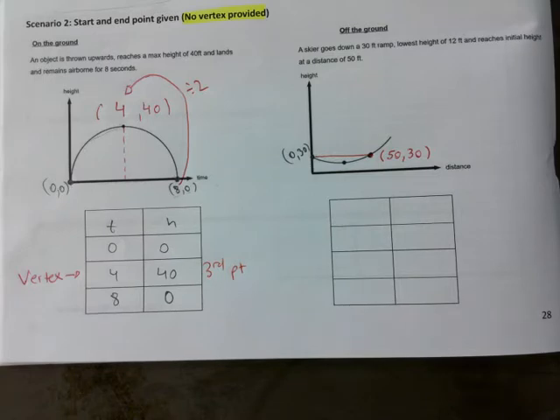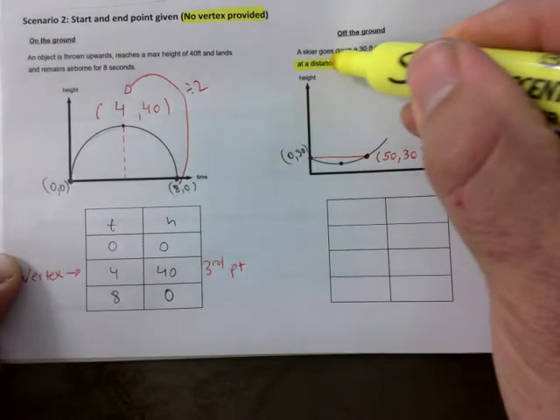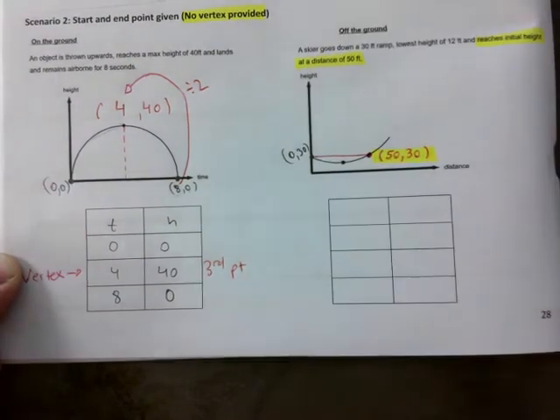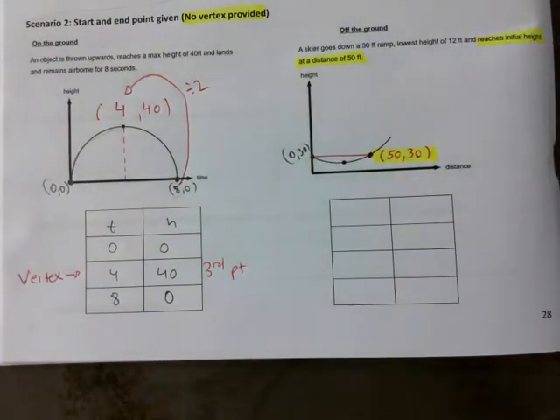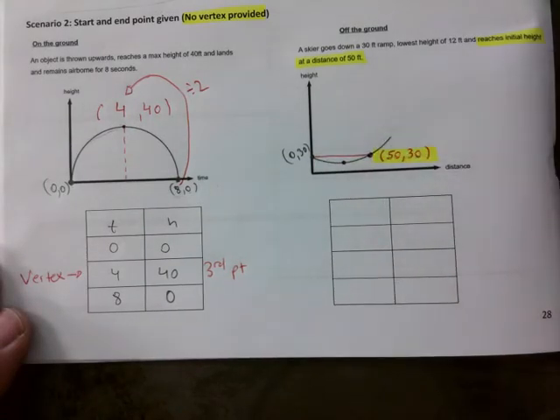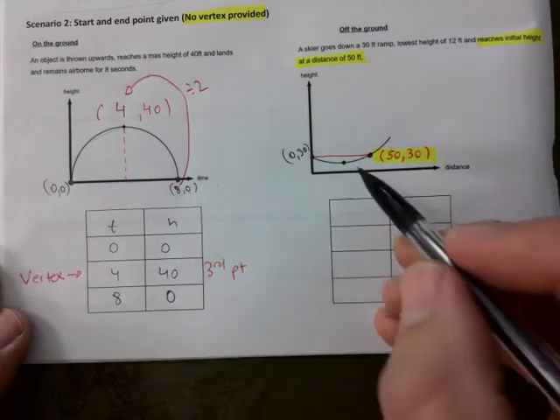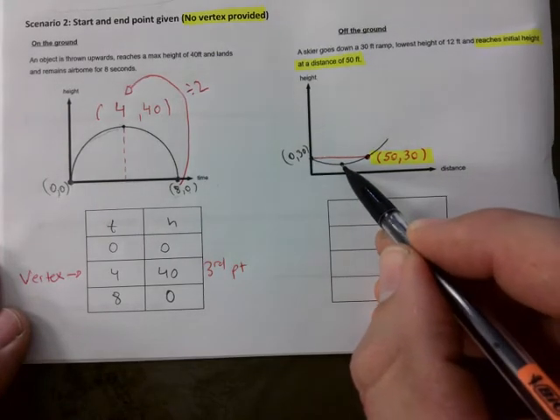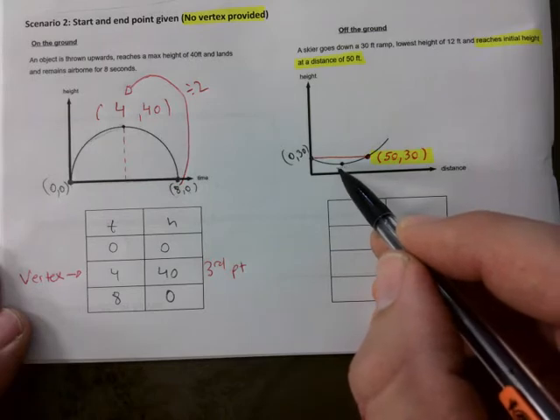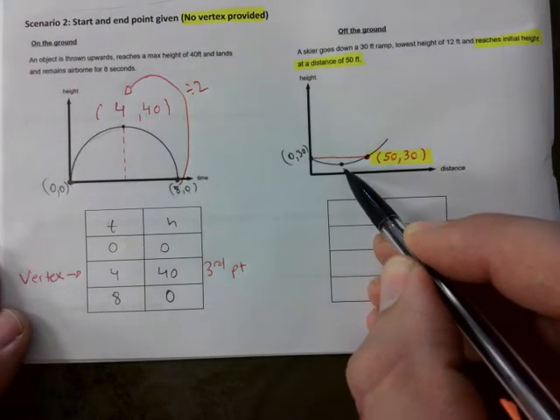I will highlight this, okay? Reaches initial height at a distance of 50 feet. That's right there. So this is a little different, right? You have your ramp, you go down the ramp and then up. And so in this case, to find the vertex, we know that the lowest height is 12 feet here.